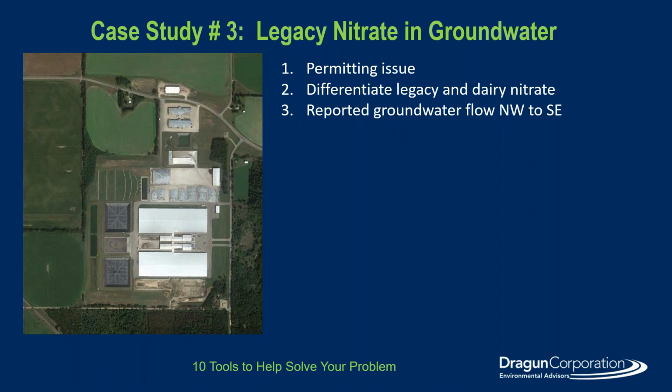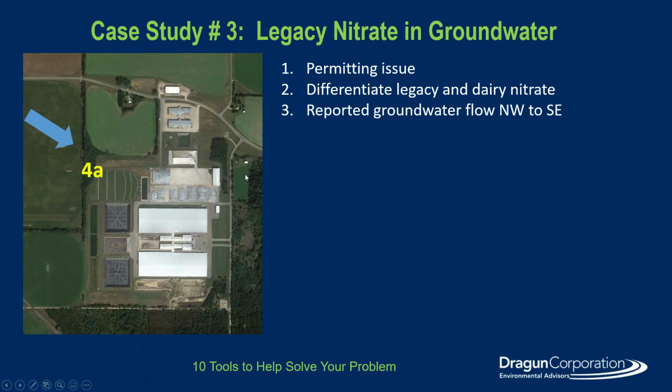But our client needed to differentiate what contributions the dairy would give to the groundwater. If the legacy nitrate coming onto the site was large, which it was, well over the drinking water criteria, and the groundwater flowed from northwest to southeast, then what were you going to do?